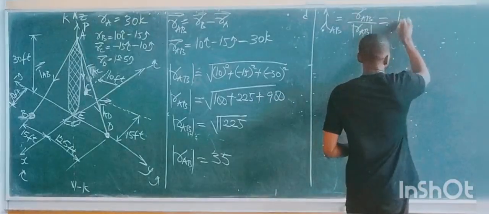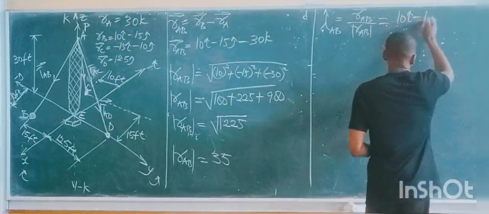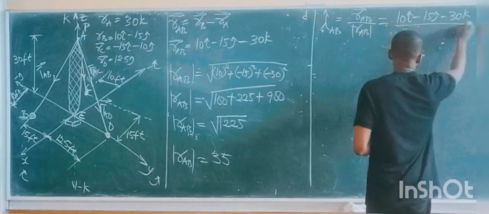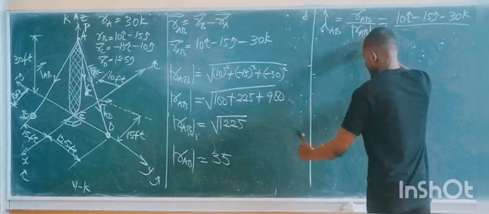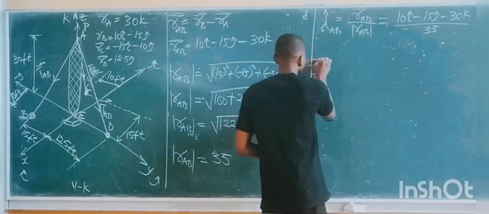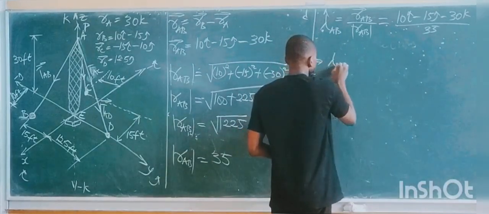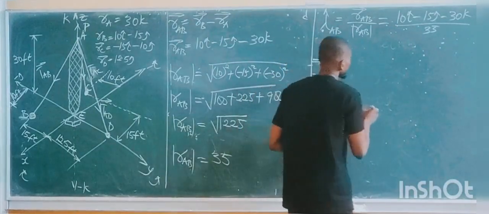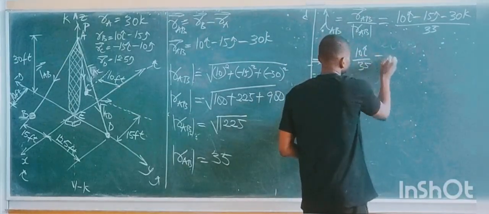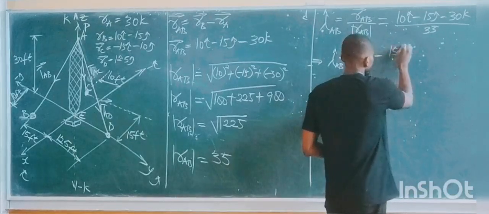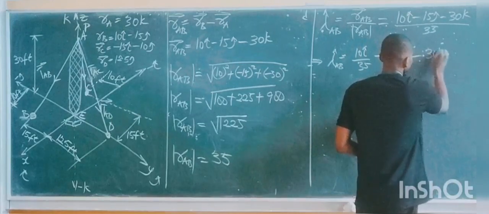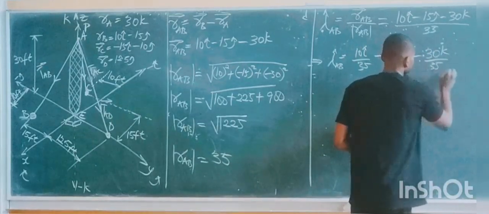So you simply have 10I minus 15J minus 30K, all over the magnitude, which gave us 35. So lambda AB is equal to 10I all over 35 minus 15J all over 35 minus 30K all over 35.